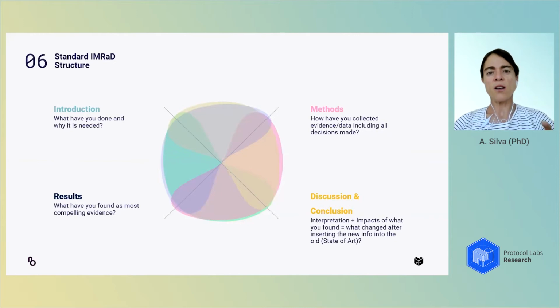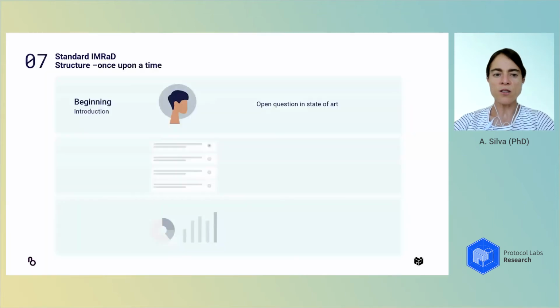The final end of it is what should be changing in the field, what changes in perceptions are needed based on what you found. So this is a very broad paintbrush of what these sections should contain, and of course their variations.